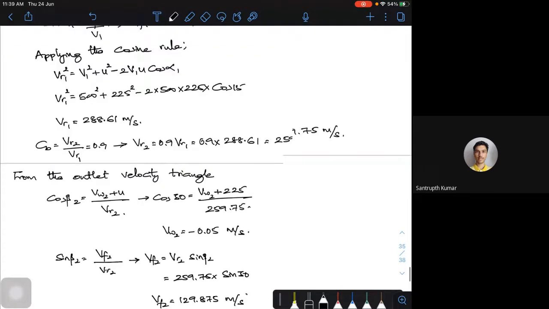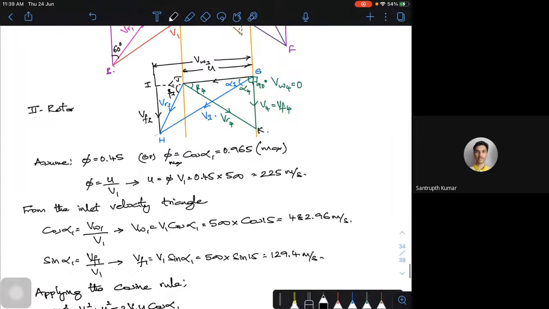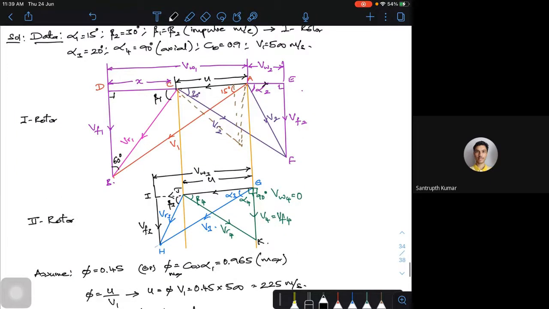I don't know the value of alpha here. I can find alpha. Just take tan alpha 2. Tan alpha 2 is equal to opposite by adjacent, that is VF2 divided by your VW2. Now substitute for this, take tan inverse of it, and you will get your alpha 2.